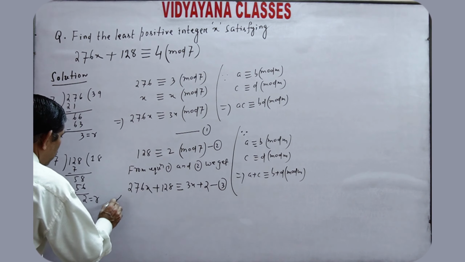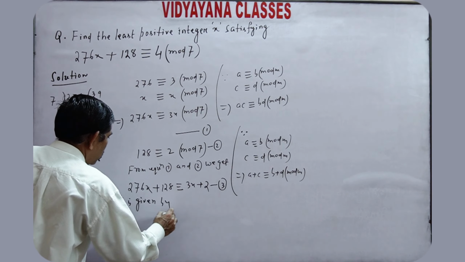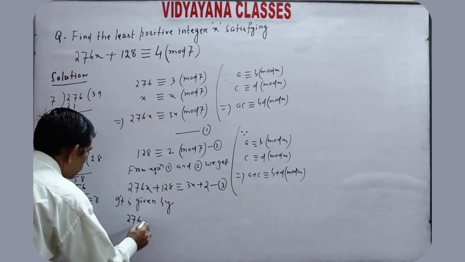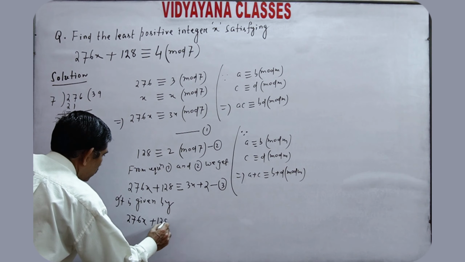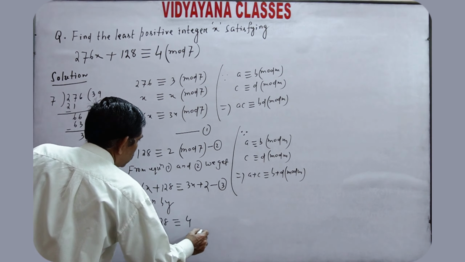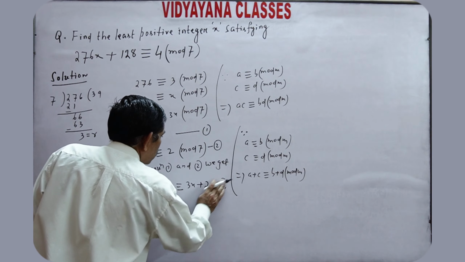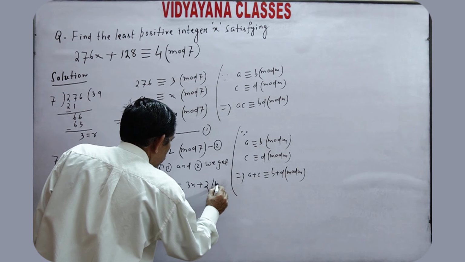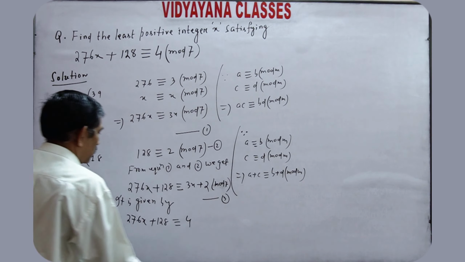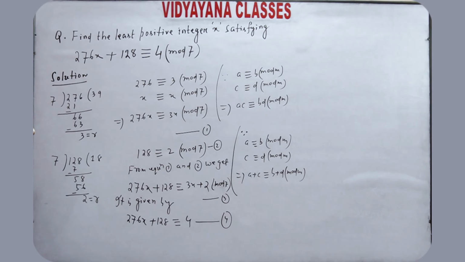It is given that 276x plus 128 congruent to 4 mod 7. It is equation 4. Clear?